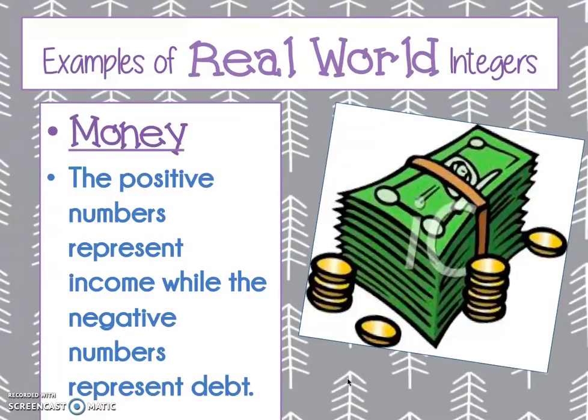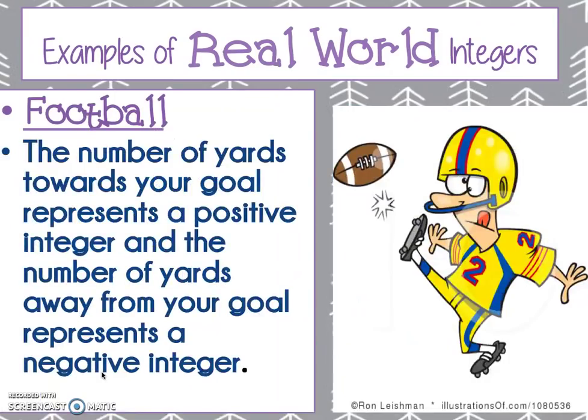We use integers in our real lives every single day. We just don't call them that. For example, when we're dealing with money, positive numbers represent income and negative numbers represent debt. Any of our football players out there can tell us that with football, the negative numbers represent numbers that are away from your goal, and positive numbers represent numbers that are towards your goal.